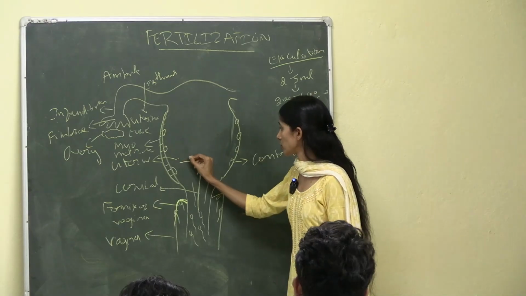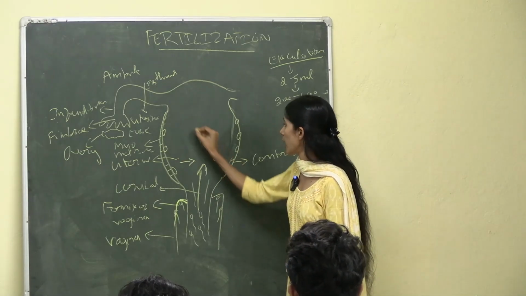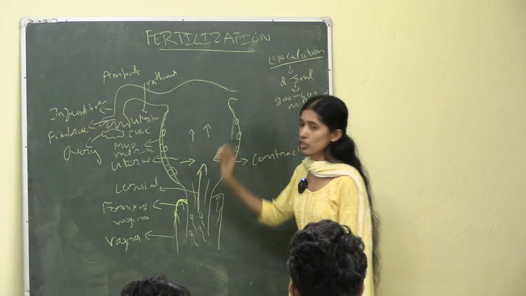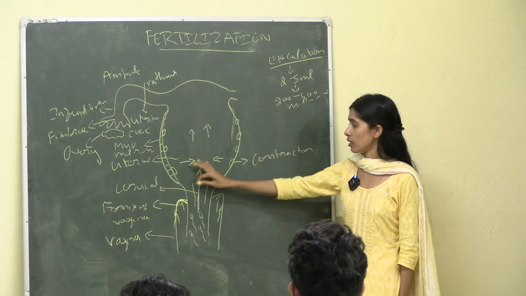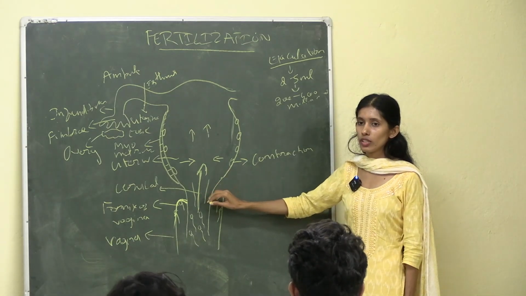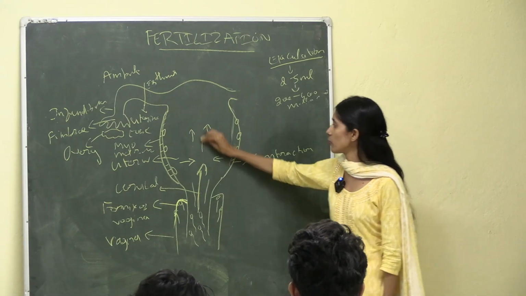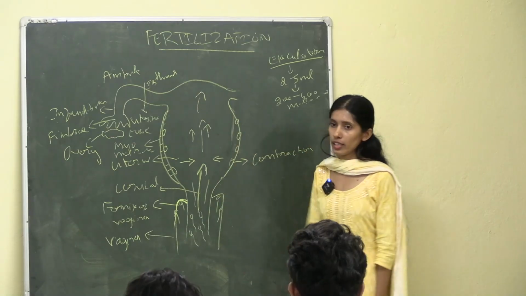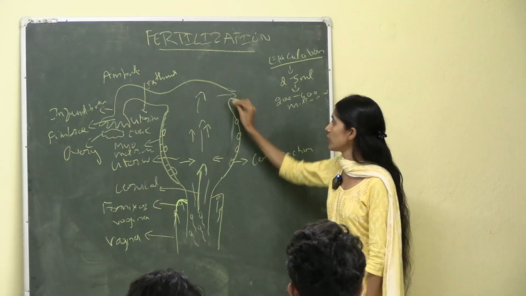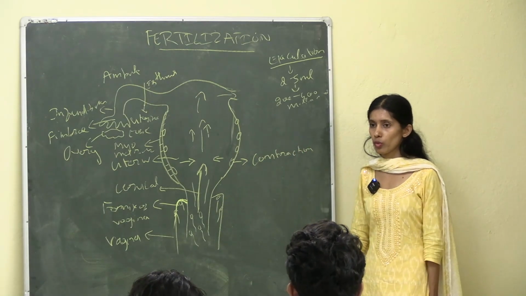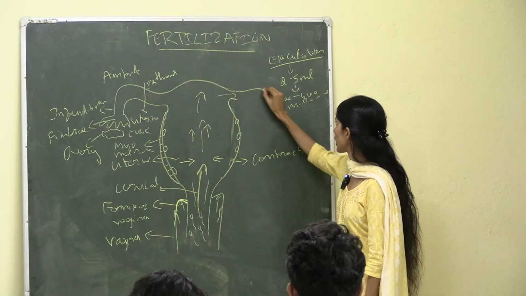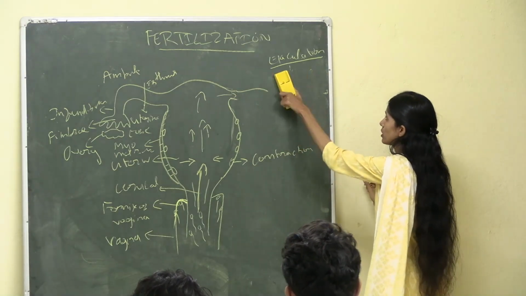Contraction happens in this direction and also in upward direction. As a result, the sperm that enters the cervical canal will easily flow towards the upward direction and then it will pass into the uterine tube. Okay, once it enters the uterine tube, what happens?